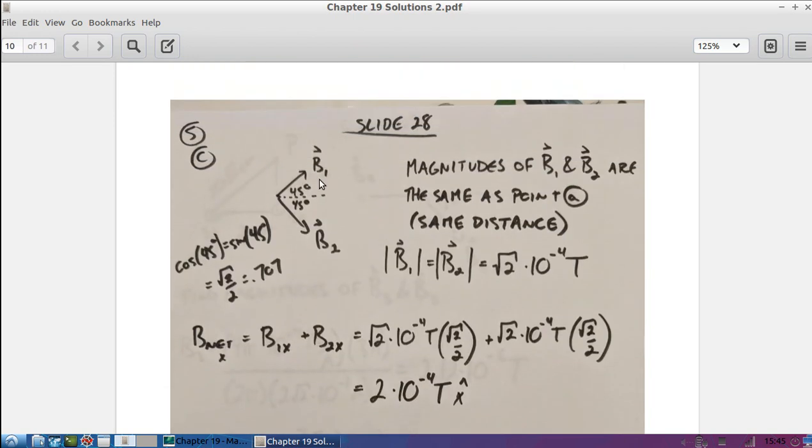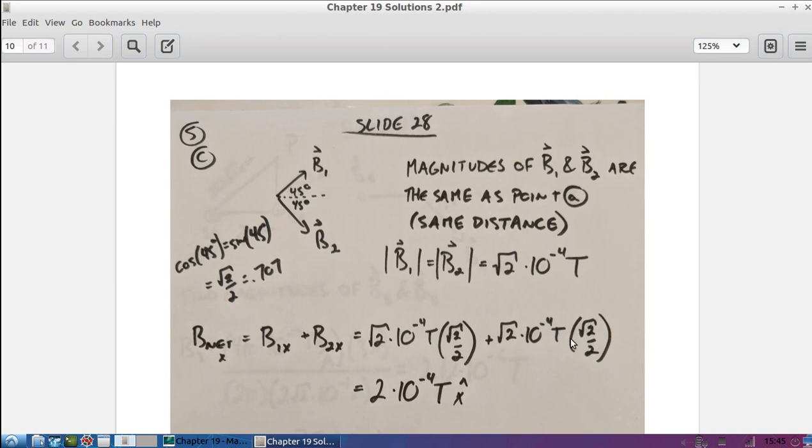All I have to do is find their X components. So B1 times the cosine of 45 plus B2 times the cosine of 45. So it's √2 times 10 to the negative 4 Tesla times the cosine of 45 plus √2 times 10 to the negative 4 Tesla again times the cosine of 45.